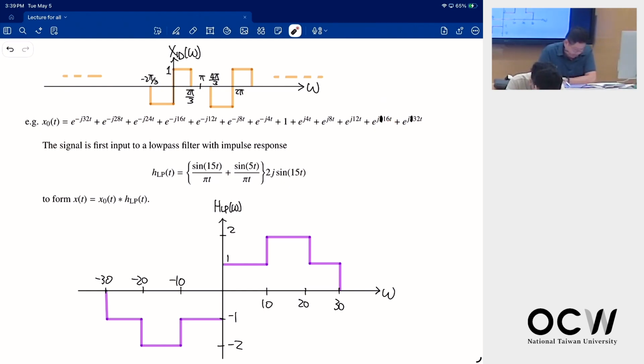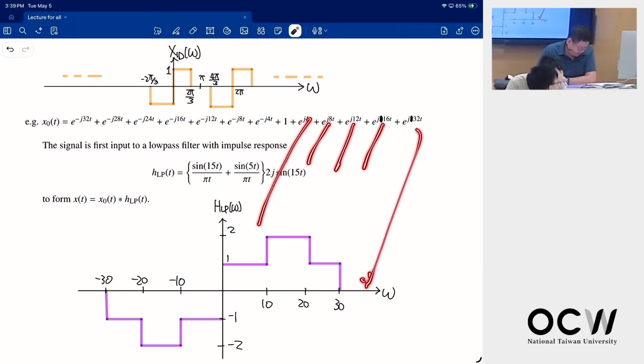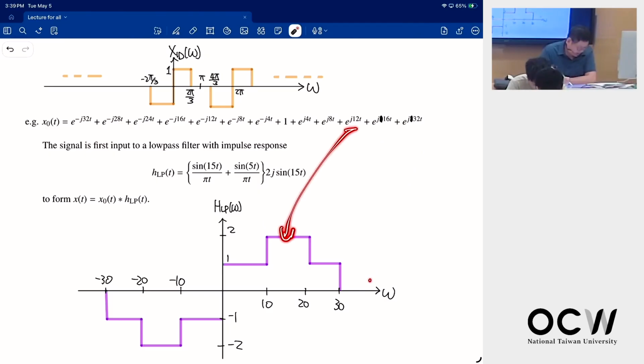Wait a minute, let me see. Actually, 4, 8, 12, 16, 32, that's outside. But for 12 and 16, I got 2 times that.